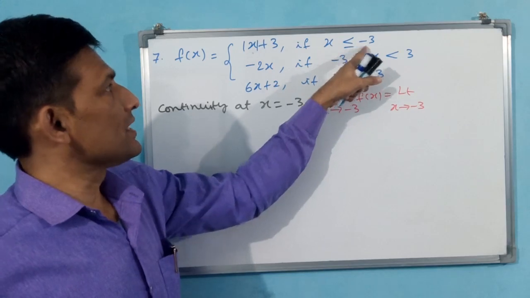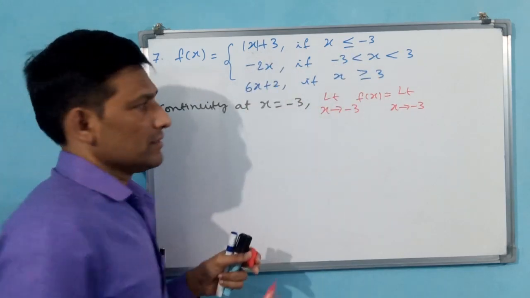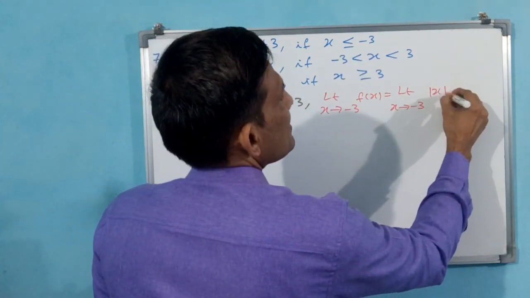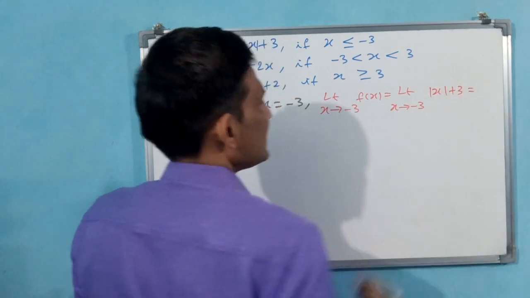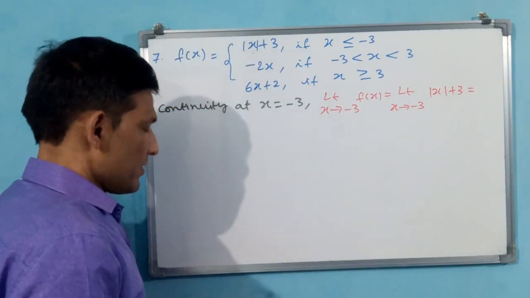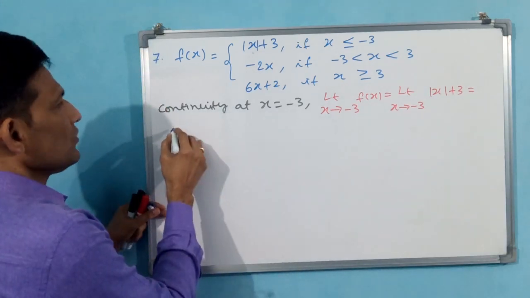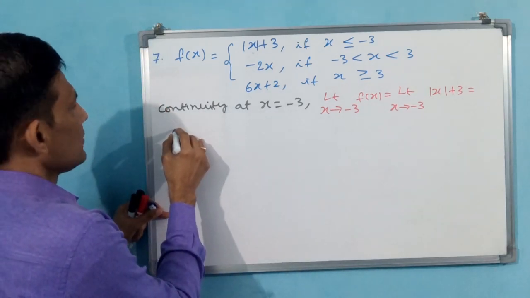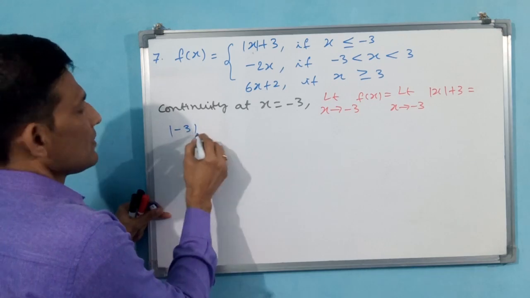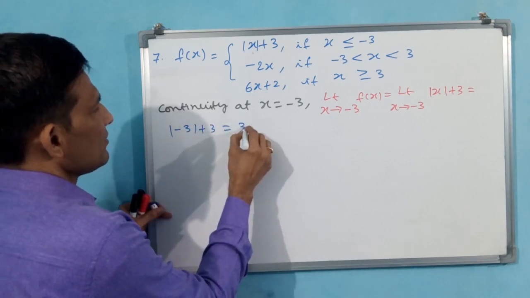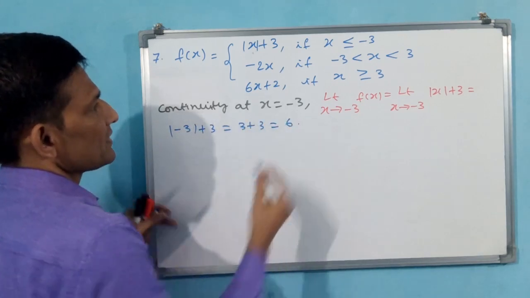See, equal to is there. That is why you have to take modulus x plus 3. Okay. And what will be the answer? You see, I am writing here modulus minus 3 plus 3, that is equal to 3 plus 3, that is equal to 6. Is it correct?